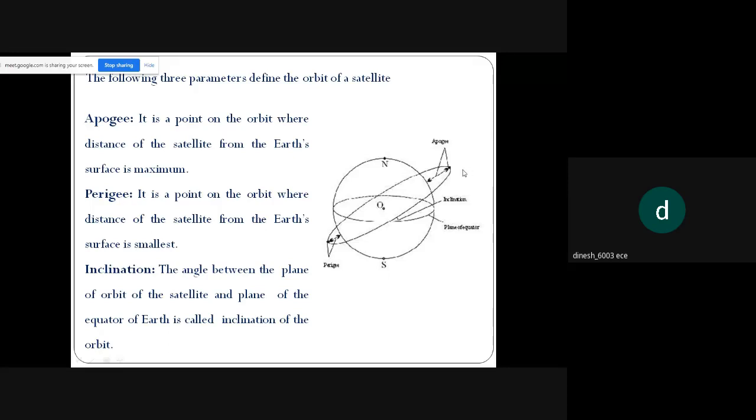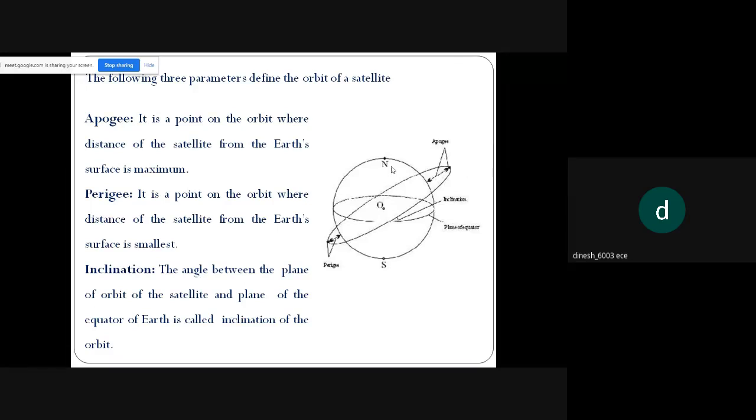So the point where the maximum distance between the Earth's surface and the satellite occurs is called as apogee, and the point where the distance between the Earth's surface and the satellite is minimum is called as perigee. Apogee, farthest point; perigee, the nearest point.